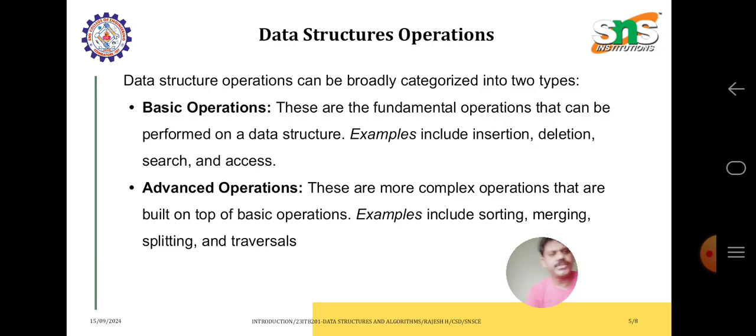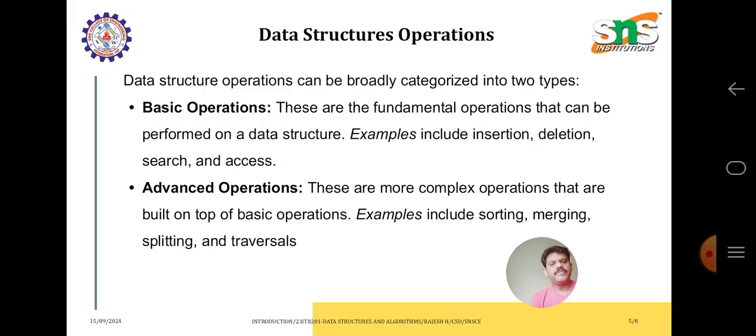As for the operations of data structures, we have two categories: basic and advanced operations. In basic, we see basic programs like how to insert an element, delete an element, search for an element, or traverse an array. These are simple operations like insertion, deletion, traversal, and searching.